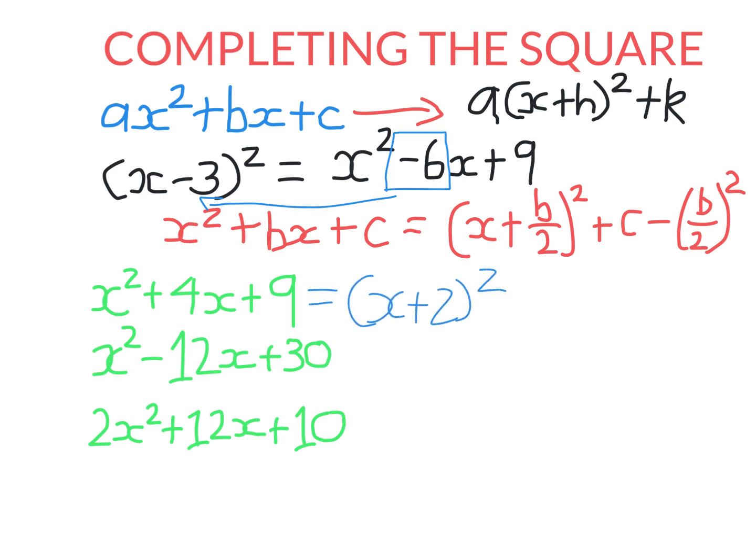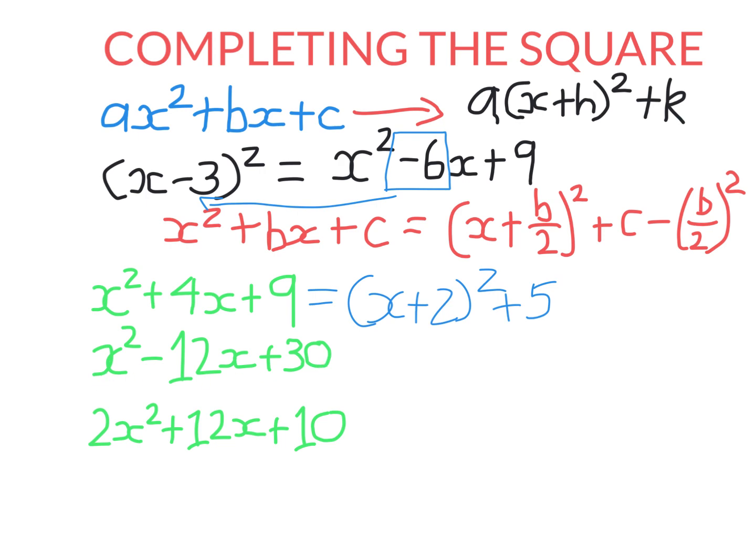Why did I choose 2 here of all numbers? Because it's half of 4. Half of 4 is 2, so a 2 goes in there. So what goes outside the brackets? Well, it would be 9 minus 2 squared. 9 minus 4, which is 5, positive 5. So now it's in turning point form. We would be able to graph this a lot easier.